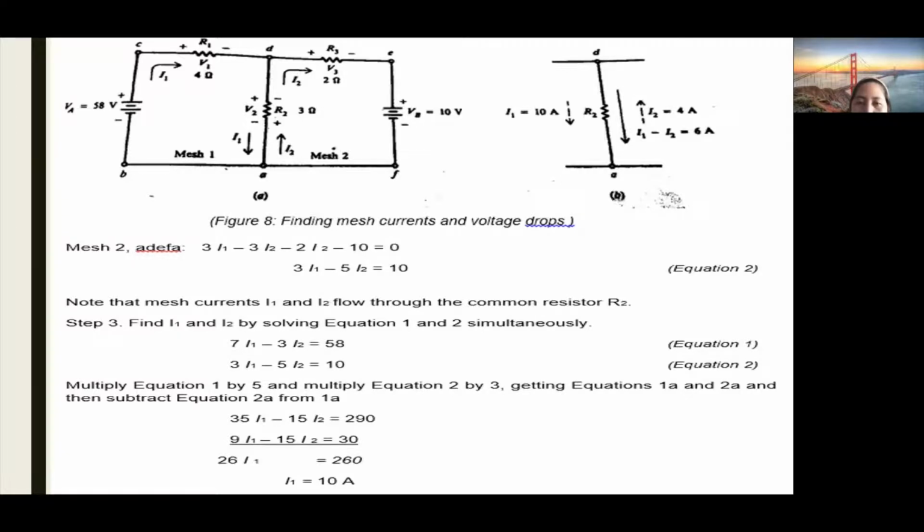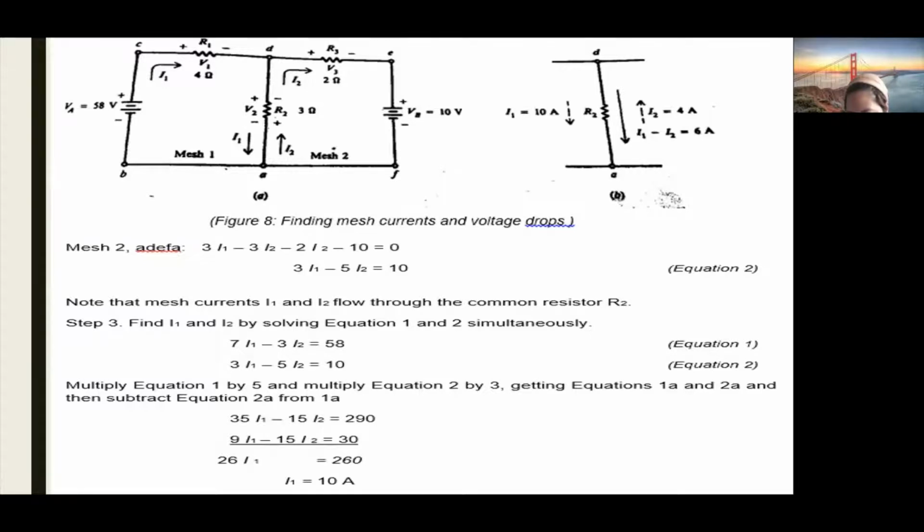Unlike in mesh 1, where transposing 58, the voltage applied, will change the sign, in mesh 2 there will be no change of sign even if VB has been transposed. Okay.